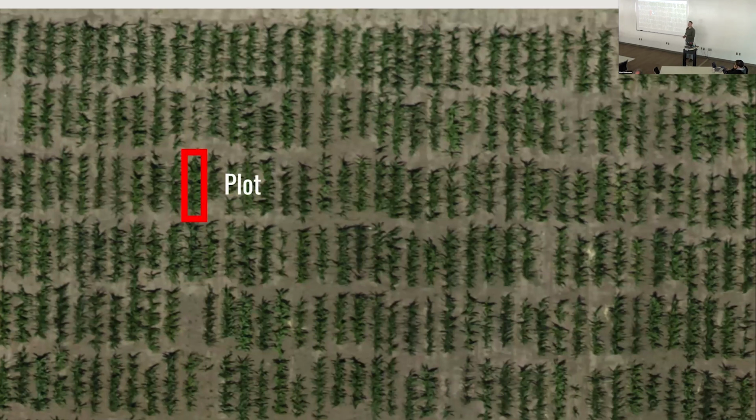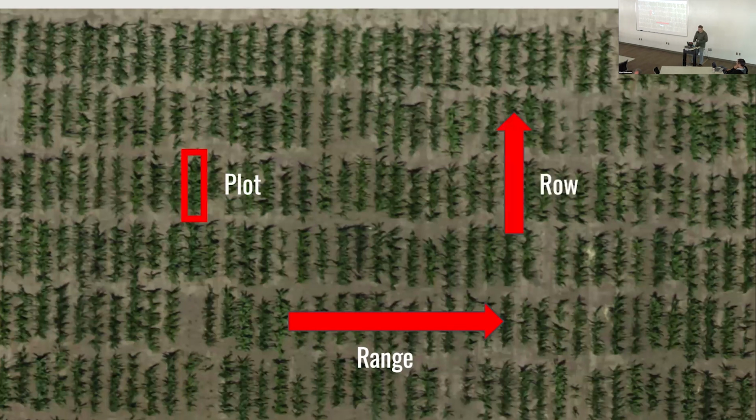It's a different one of those progeny that we created to start. And so we need to collect data on every one of those individual plots. Some other terminology, we call these things going horizontal ranges, and then we call the lines going vertically rows, right? So if I say row or range, that's what I'm referring to.